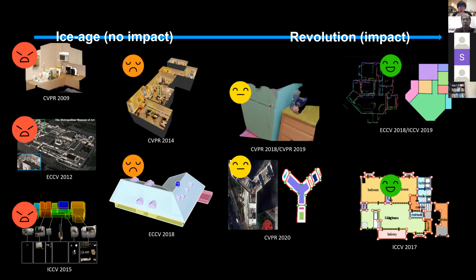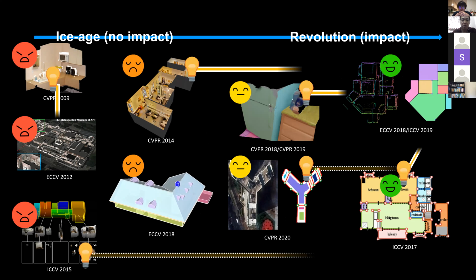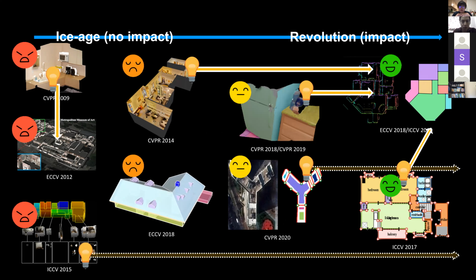Left, far from impact. But I was judging the system as a whole, how useful this is. There are actually many shining pieces, ideas in each paper, and these ideas influence my other papers. So for example, hope you see my mouse cursor. These two ideas, although the systems by themselves are not ready, some pieces contribute to another paper with a real impact.